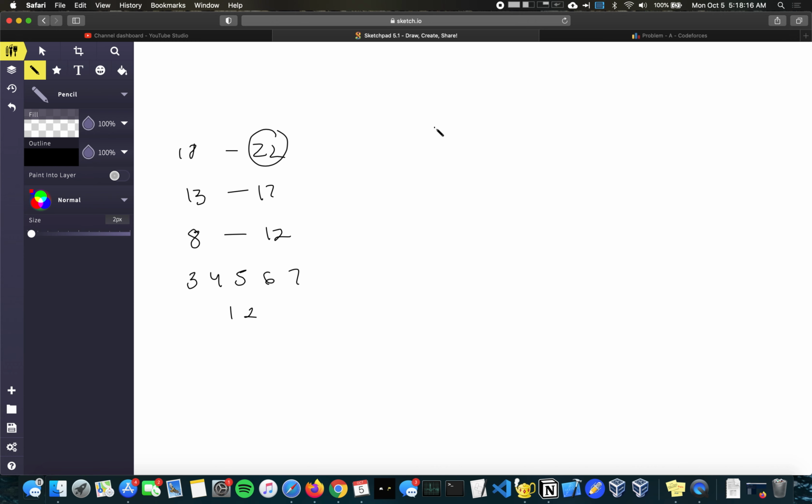So if Petya lives in apartment 1 and 2, we know he lives on the very ground floor. So we just output 1. Otherwise, we have to take into account the number of apartments per floor. So first let's take into account this offset. So let's say he lives in an apartment number higher than 3.